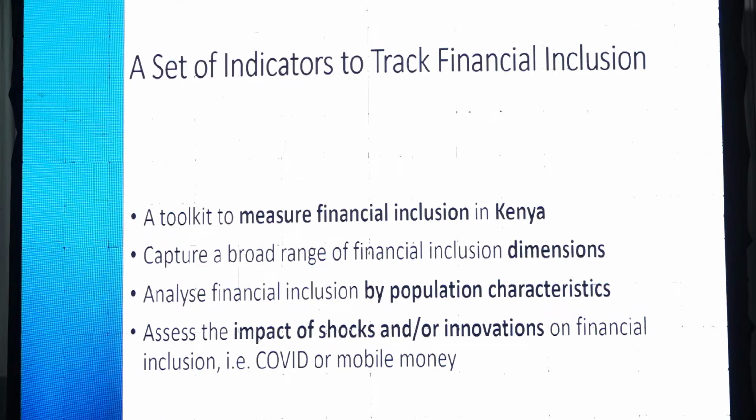And in addition, in order to better understand financial inclusion in Kenya, we wanted to look at different segments of the population to understand which ones have benefited more throughout the financial inclusion journey. And we considered different population characteristics.